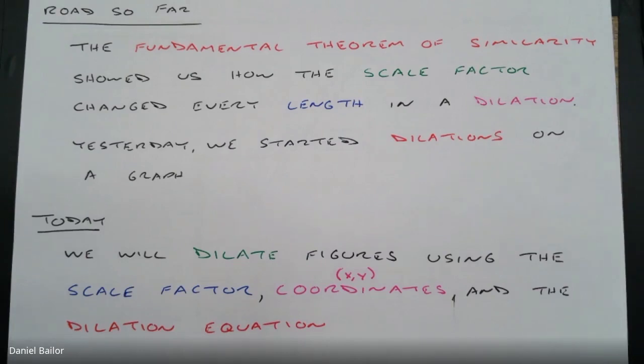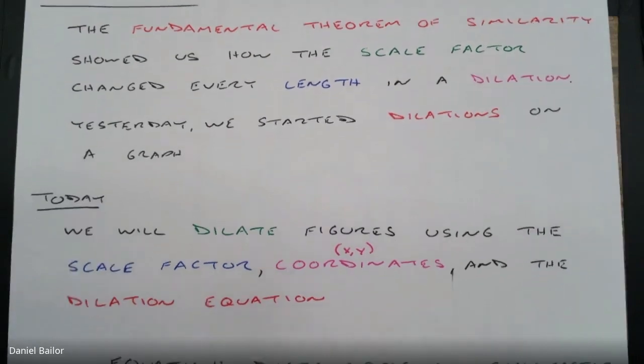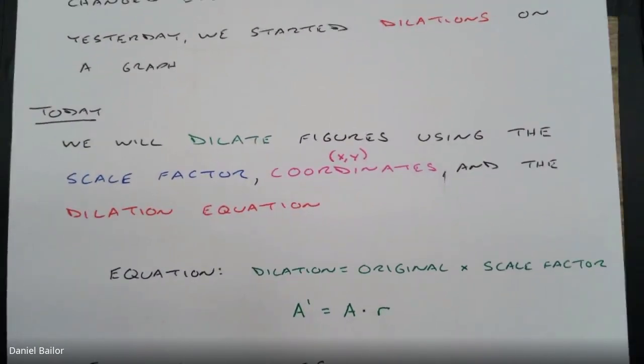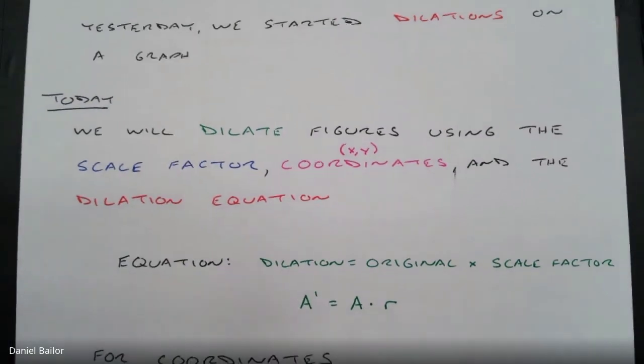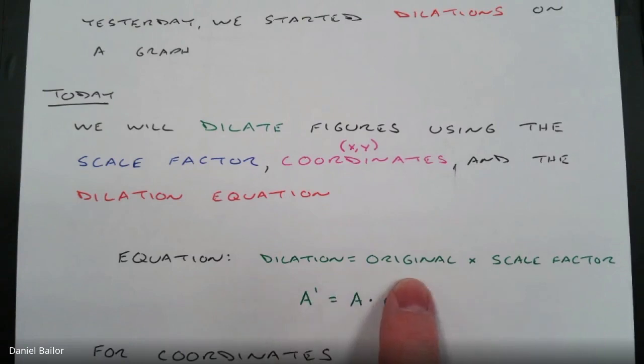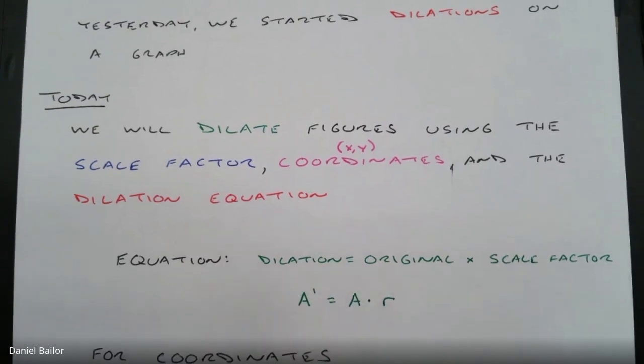And the third thing you're going to need to know today is the dilation equation, which we've been talking about for a few lessons now. The dilation equation is this: the dilation equals the original multiplied by the scale factor.